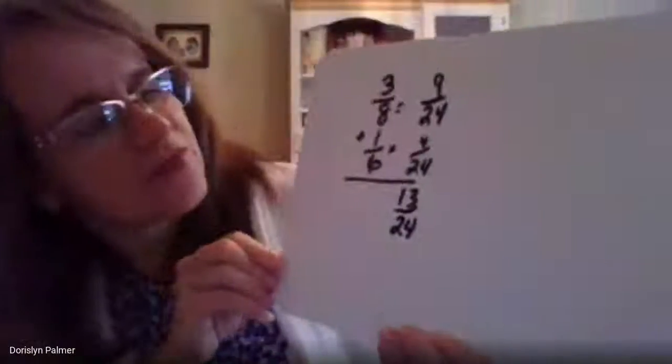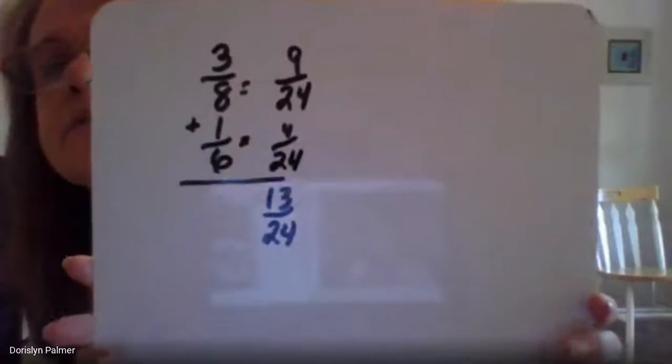You have to think of the whole total as one, like one whole. So you're going to take 24/24 because that equals one whole and subtract 13/24. And you'll get 11/24. Okay, same thing Pia got.